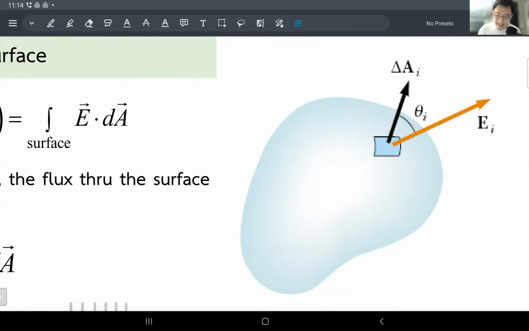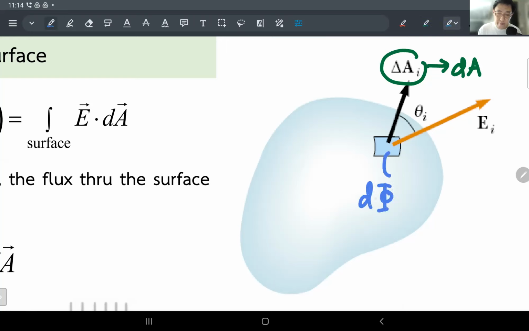That tiny area, a super duper small area, we can call the infinitesimally small surface area, dA. The flux going through this is going to be super duper small as well, so you can call it a mini flux. The mini flux is just going to be the E vector dotted with the dA vector.